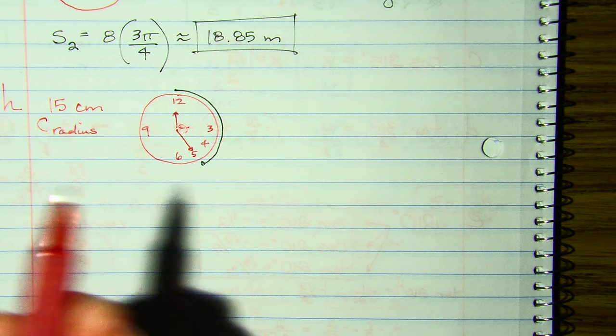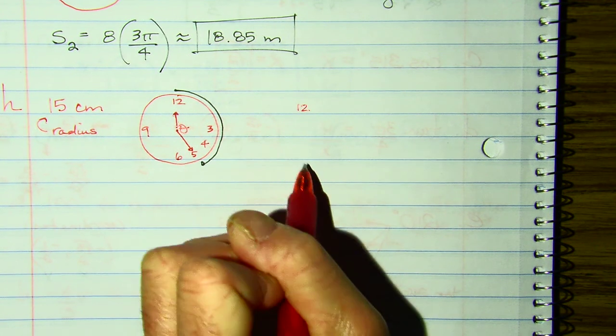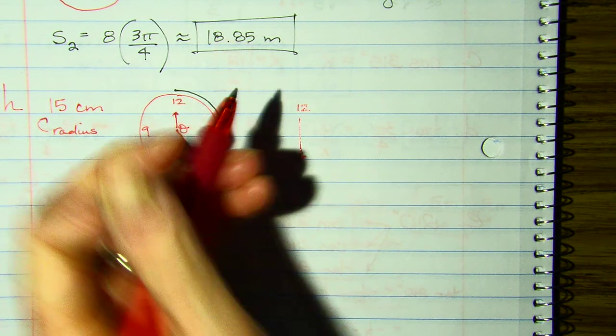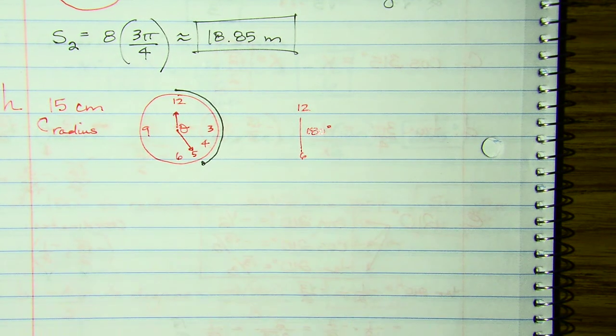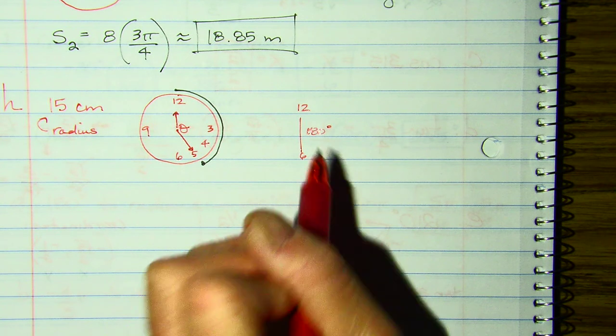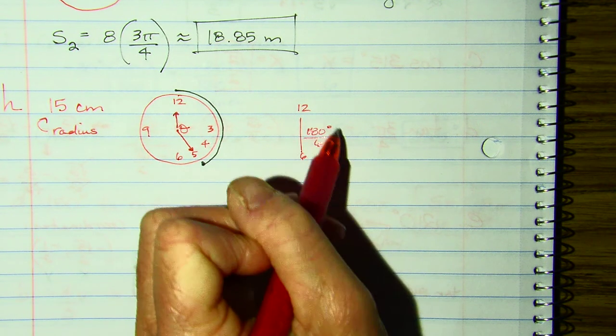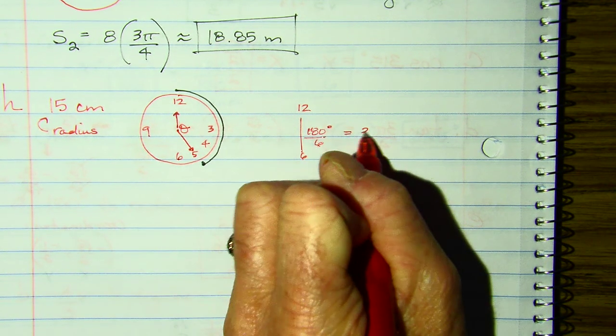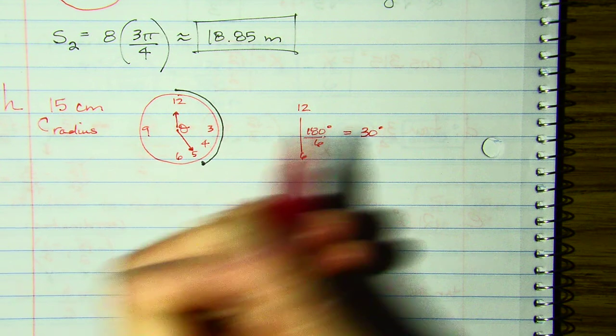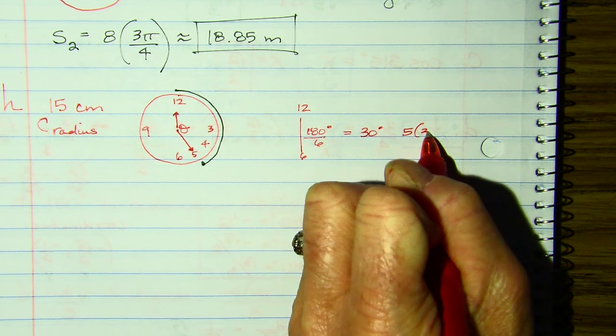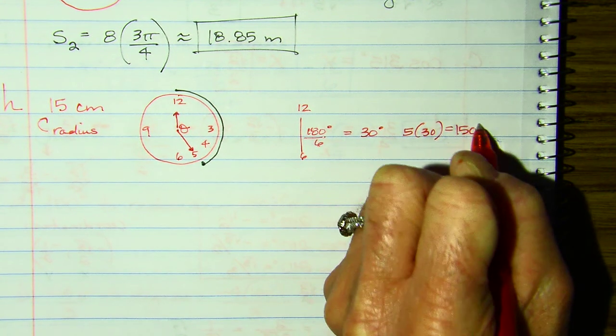I know that from 12 to 6, that would be 180 degrees. So I'm going to divide that by 6, and that would give me 30 degrees for each. So 5 times 30 would equal 150 degrees.